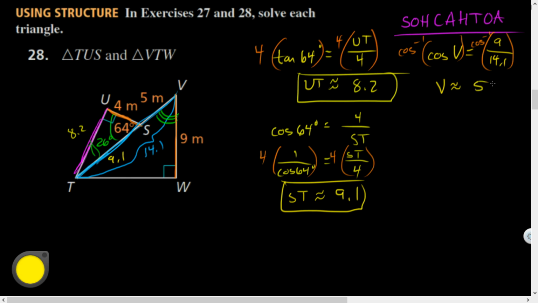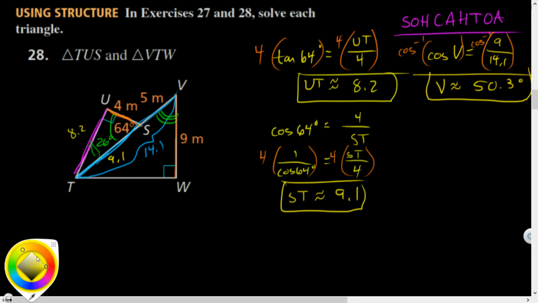I got 50.3 degrees. And then angle T we can find. Angle T is going to be what? Why did I keep doing the wrong thing? 39.7, yeah. There we are.